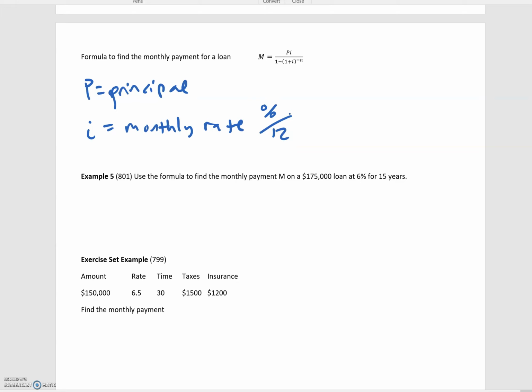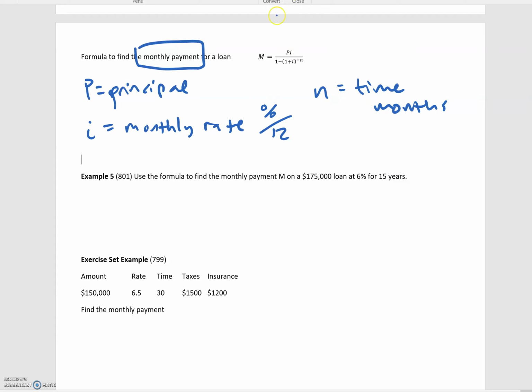Typically when you get a loan, it gives you the rate of the year, and then when we figure out the monthly rate, we just divide that by 12. And then N is our time. Since we're figuring out monthly payment, this is going to be months. Time in months.